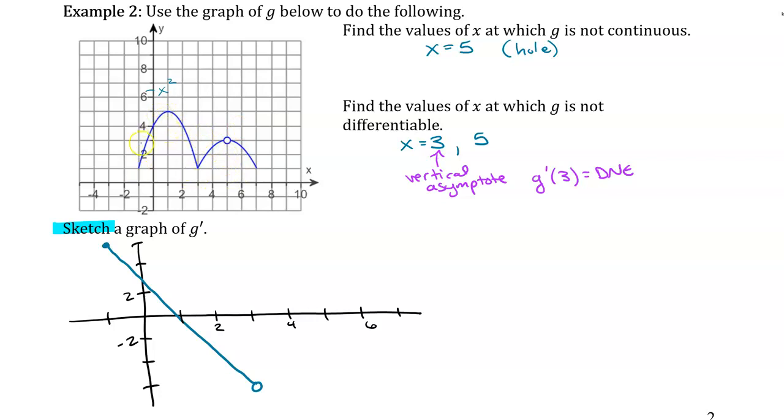We have a bit of a steep curve from -1 to 3, but the curve from 3 to 7 is less steep. So the slope will be less steep, but it will still be negative. So instead of this sharp point, we'll have it a bit more like that. But we still have our not differentiable points. So we'll say, how about there?